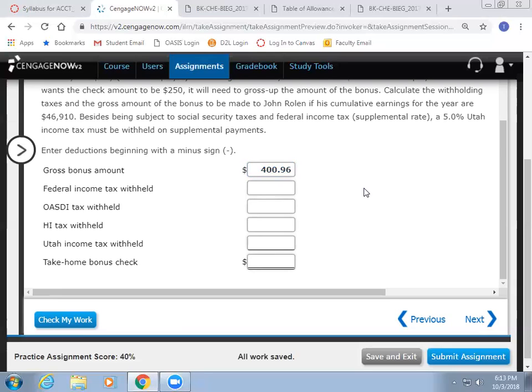And then from there, we're just calculating withholdings like we always would. So for federal income tax withheld, we're going to take 25% of that. So that would be a minus $100.24. For Social Security, 6.2%, so it'd be a minus $24.86.